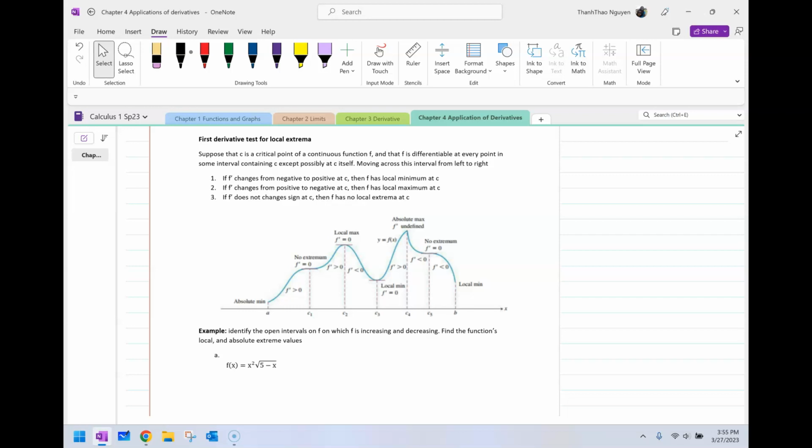Moving across this interval from left to right, if f prime changes from negative to positive at c, which means f of x goes from decreasing to increasing, then f has a local minimum. It makes sense, right? If f prime changes from positive to negative, then we have a local max. If f prime of x does not change its sign, then at c we have no extrema. Right?